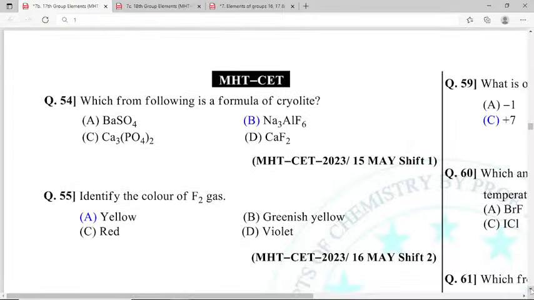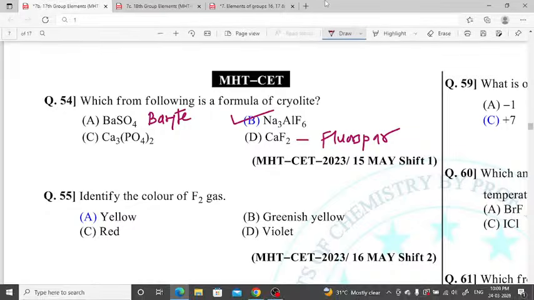Which from the following is the formula of cryolite, Na3AlF6? This is fluorospar. This is bright. This is calcium phosphate. Okay, check the first page.